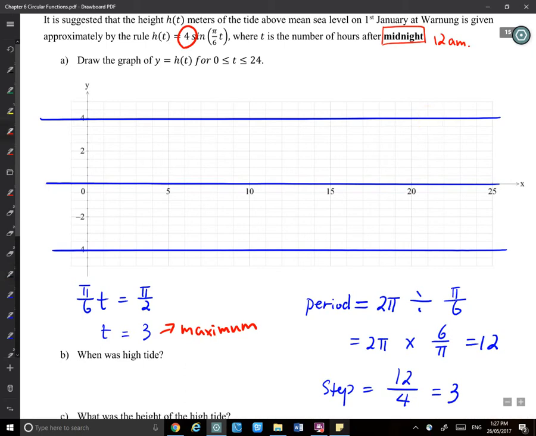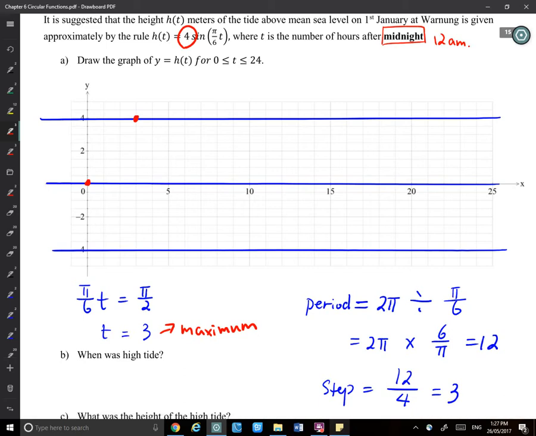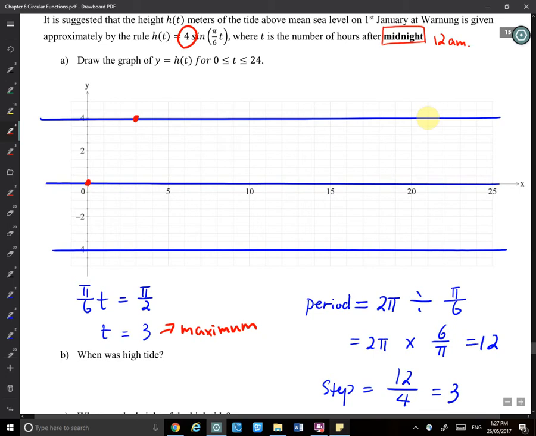So I'll plot the graph: 1, 2, 3, we have this point here. Go left by 3 units, you have 0 here. It's just the boundary, the domain endpoint. Then 3 plus 3 is 6, which is on the midline as well.